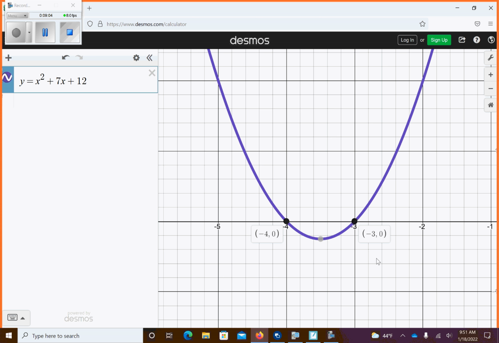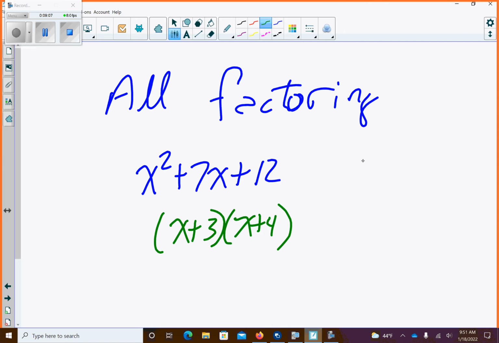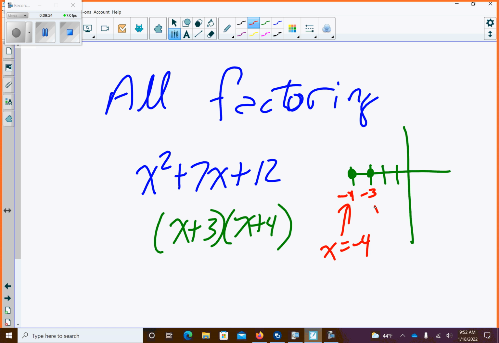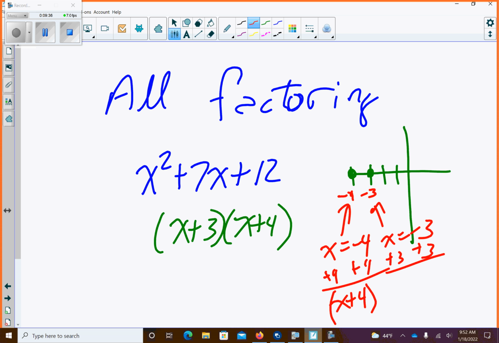So my roots, by graphing this, notice I get -4 and -3. So this means x equals -4. This means x equals -3. Bring it over to create a binomial, so you get x plus 4. Bring it over again to make it a binomial, x plus 3. So it'll factor nicely.